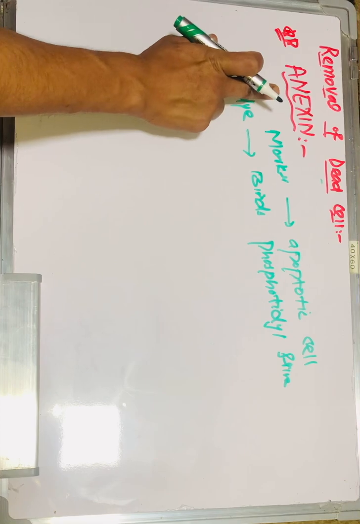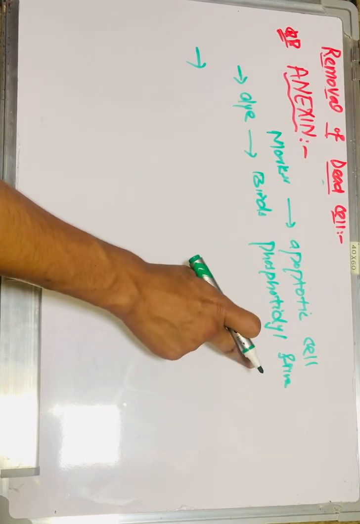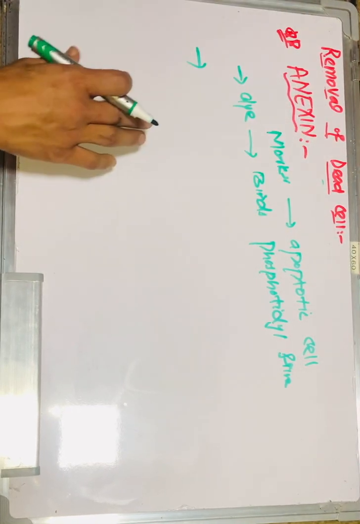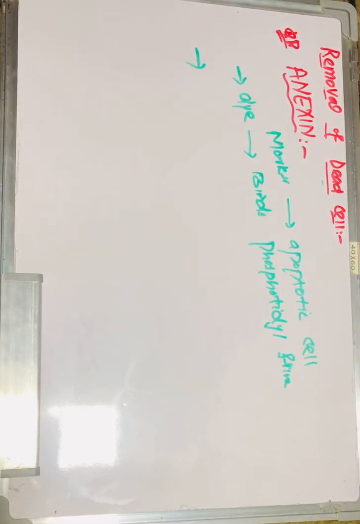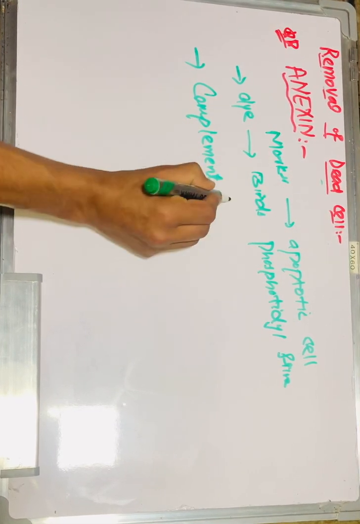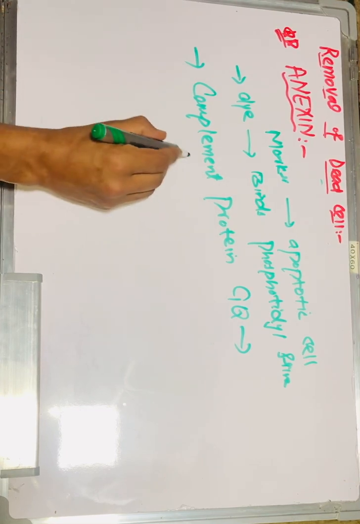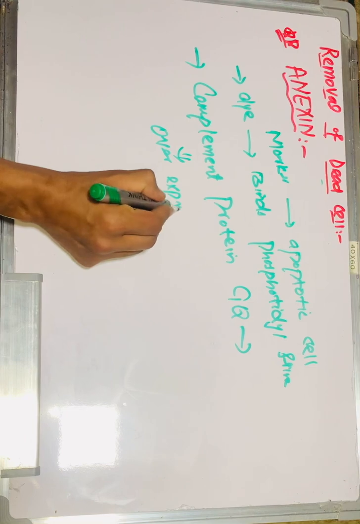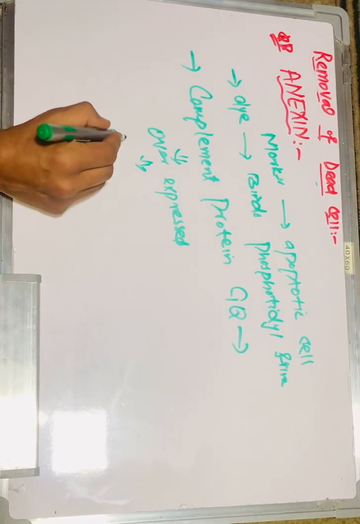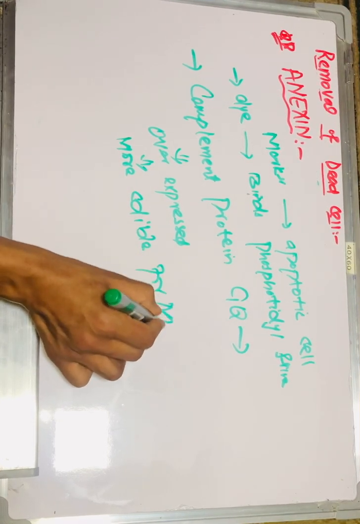So when we use annexin to find whether the cell is apoptotic or not, all those cells which have phosphatidyl serine on the surface will be considered apoptotic cells. Among other markers, complement protein like C1q is also overexpressed in apoptotic cells, which makes them much more edible for macrophages.